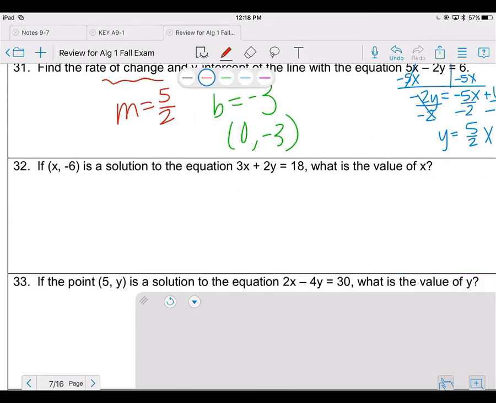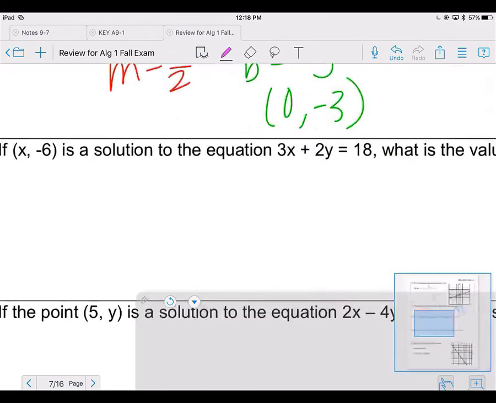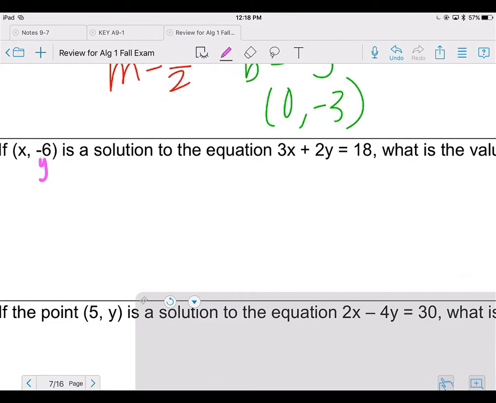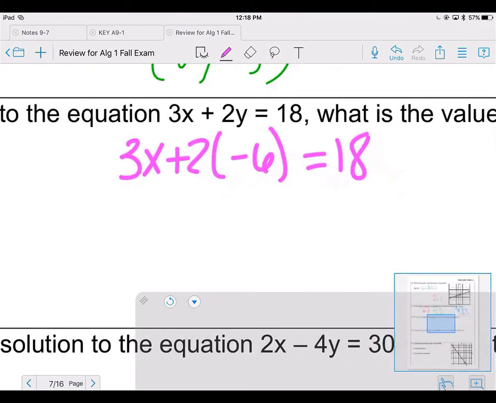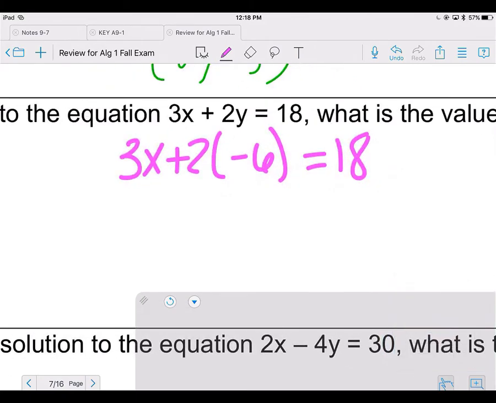32 tells us that we have a solution, or (x, negative 6) is the solution to the equation. What is the value of x? So they are giving us a y value. What I'm going to do is plug in that y value of negative 6 and solve for x. Alternatively, what you could do is solve your original equation for y, so have y equals, put it into y equals in your calculator, look at your table and see where y is negative 6.